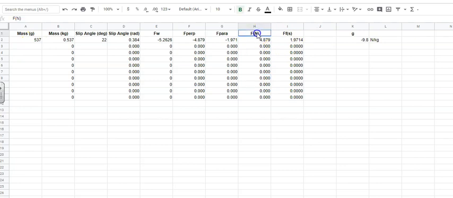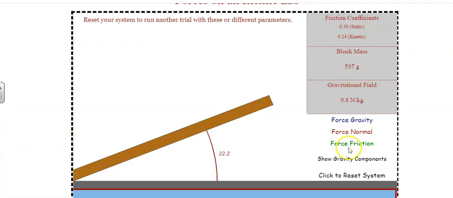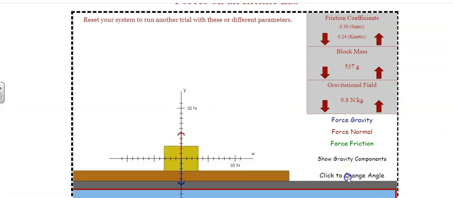And then what we'll do is we will graph these two columns. We'll graph frictional force versus the normal force and see what that looks like. So I'm going to come back here, and all I need to do is click reset, and then I increase that. Now I'm just going to click it once and then go with that value.